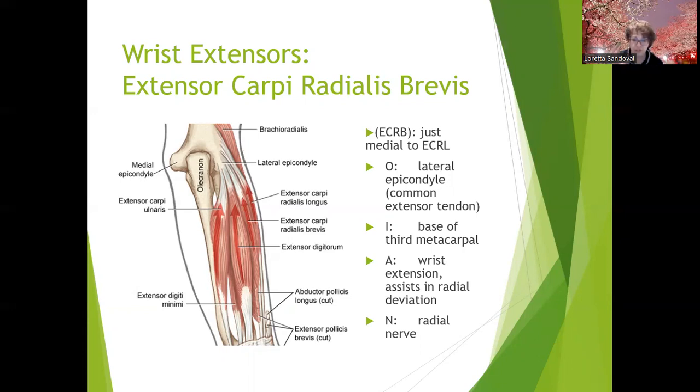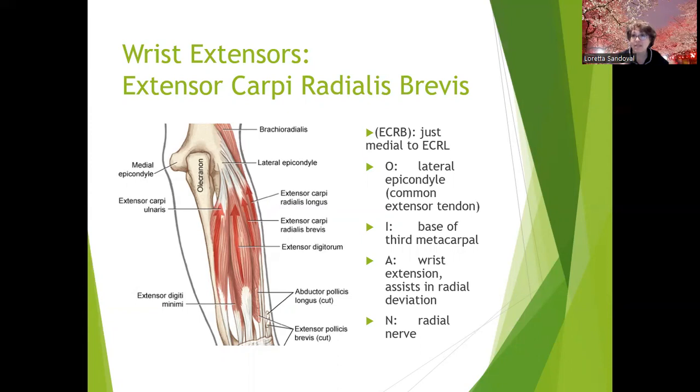There's a little diagram in the book which I'll share with you, which I think is a very nice representation. So you can tell whether they're going to do radial or ulnar deviation by where they attach, either medially or laterally. And the extensor carpi radialis brevis is just medial to the extensor carpi radialis longus.